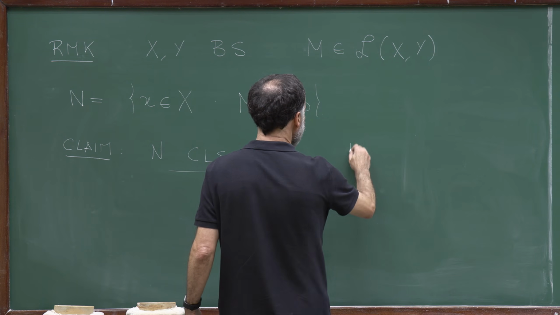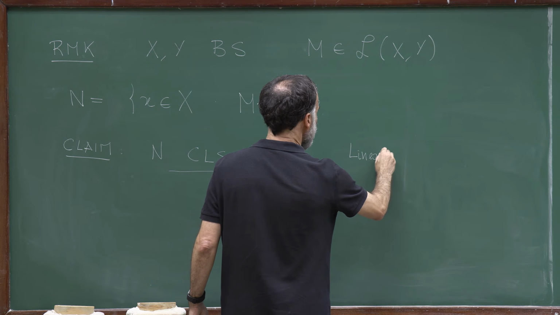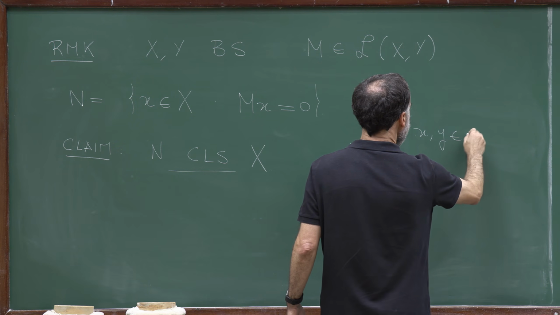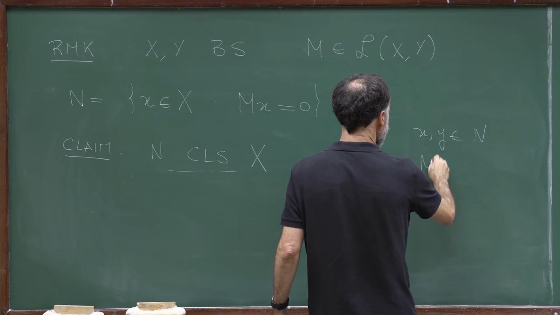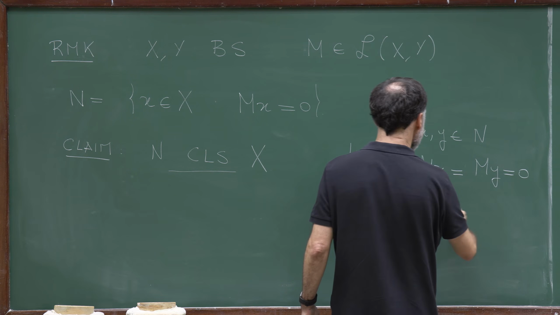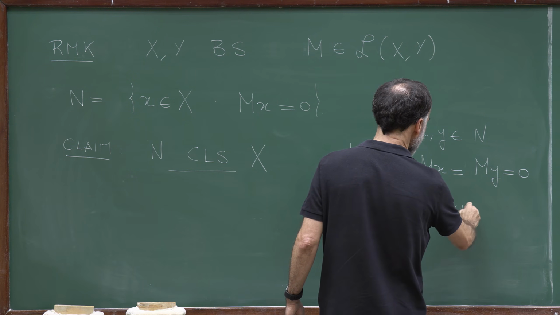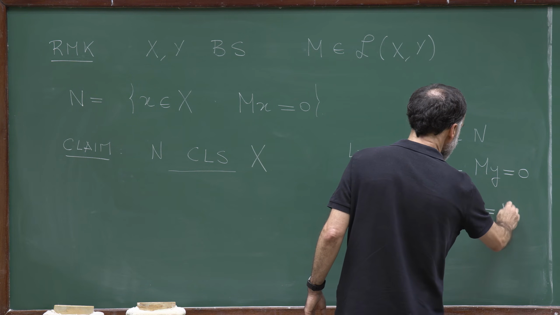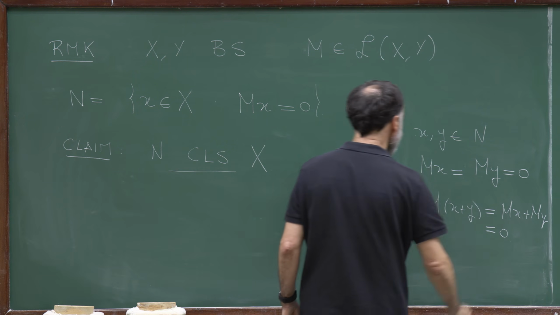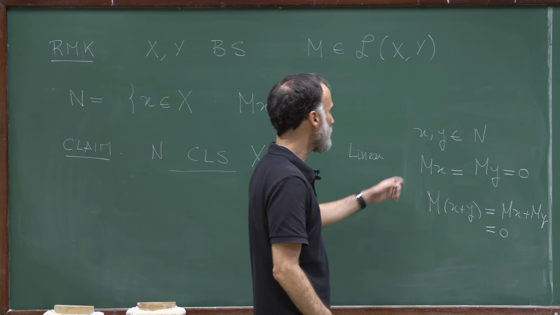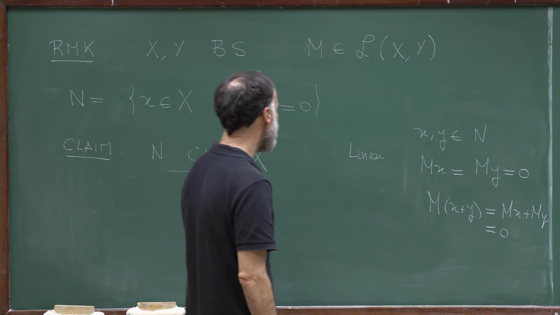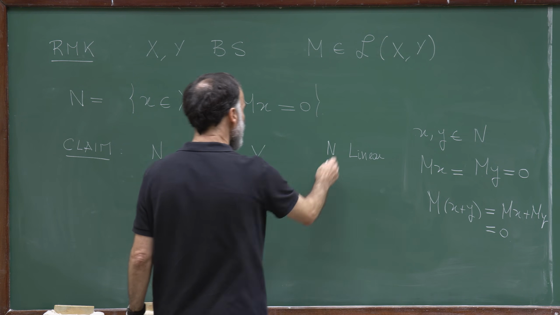Well, that it's linear is clear, right? If you take x and y in N, this means that Mx is equal to My, which is equal to 0, and therefore M of x plus y, which is Mx plus My, is equal to 0. And in the same way, you prove that if x belongs to N and alpha is a scalar, then M of alpha x is also equal to 0, which means that the space N is linear.